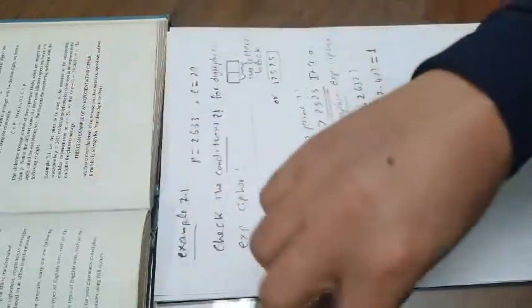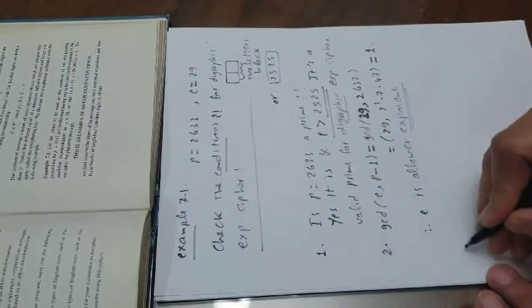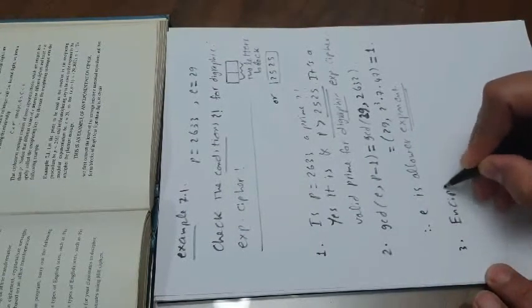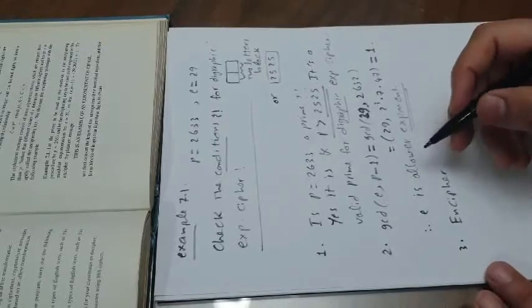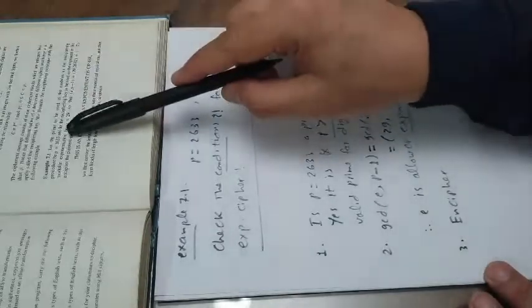Part 3 asks you to encipher the plain text. We read the question again.